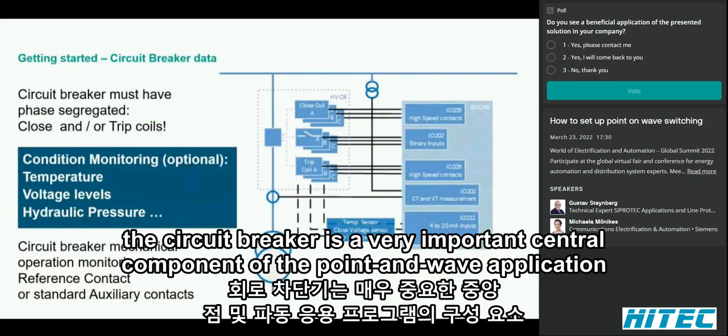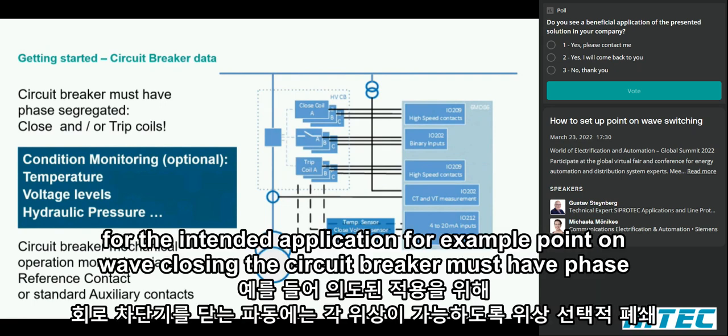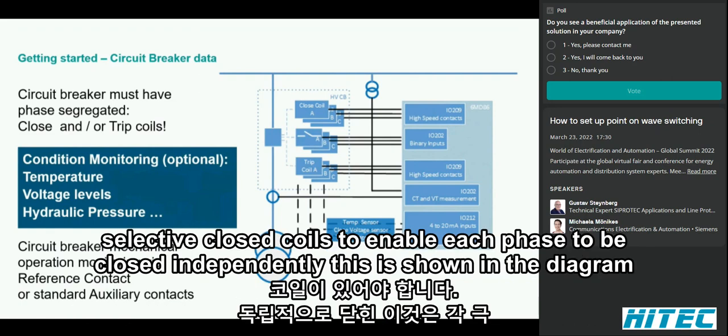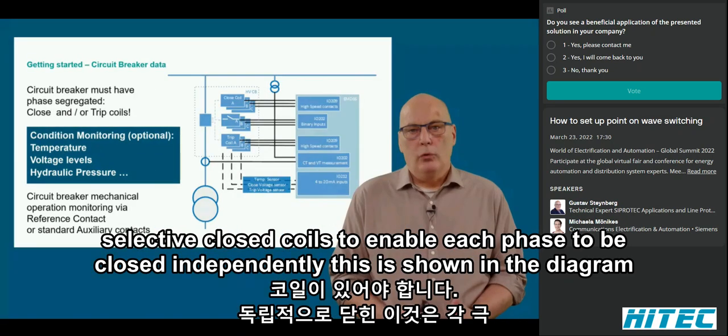The circuit breaker is a very important central component of the point-on-wave application. For the intended application, for example, point-on-wave closing, the circuit breaker must have phase-selective closing coils to enable each phase to be closed independently.